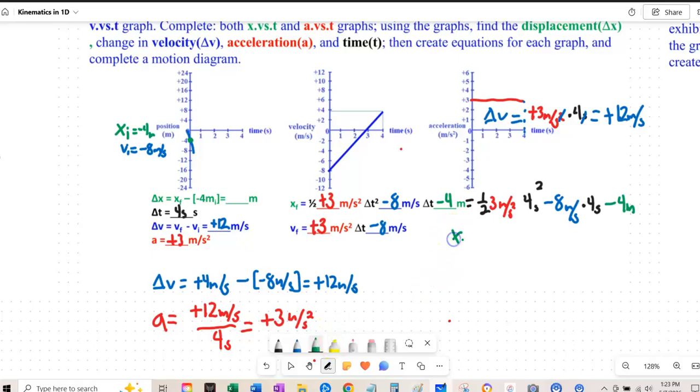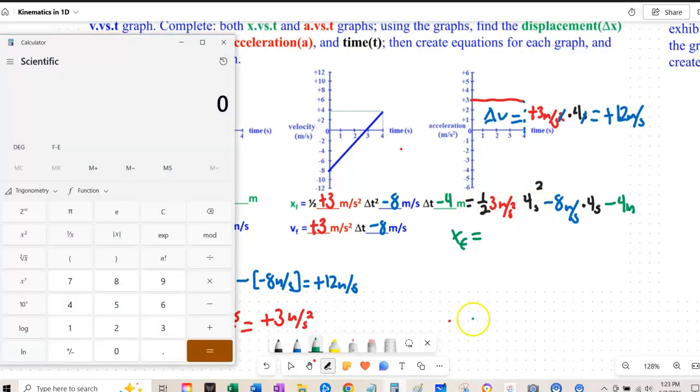So our final position is going to be all of this. Let's figure that out. So this part right here is going to be 4 squared, which is going to be 16 times the 3 meters per second squared acceleration divided by 2. So that's 24. Now this is 8 times 4, which is 32.